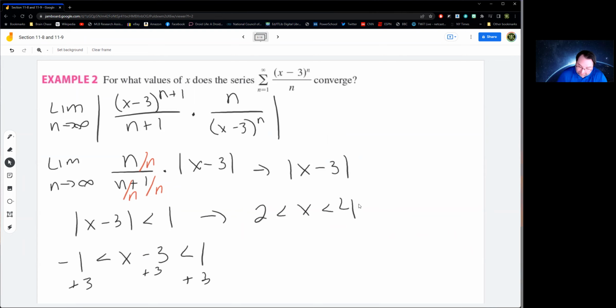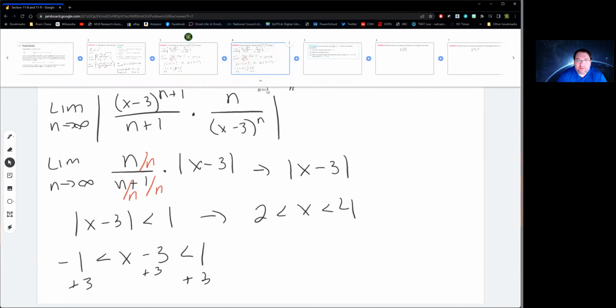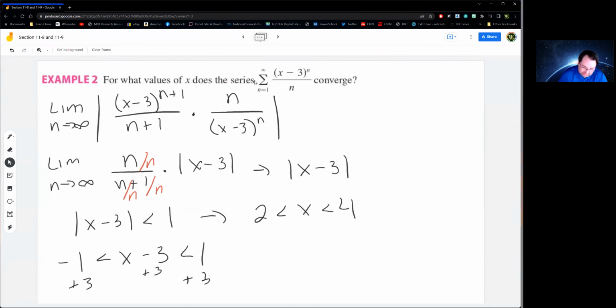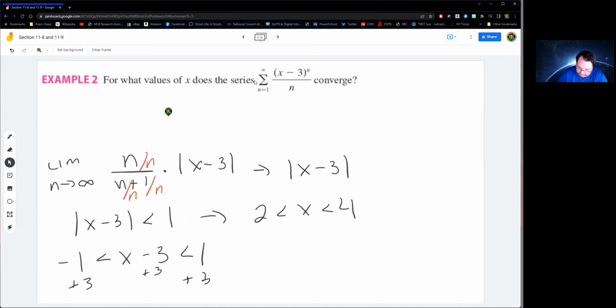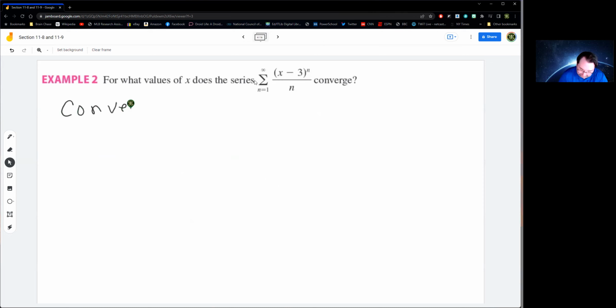So to do that, let me duplicate this. We know it's convergent from 2 to 4, but we need to figure out if it's convergent at 2 or at 4.